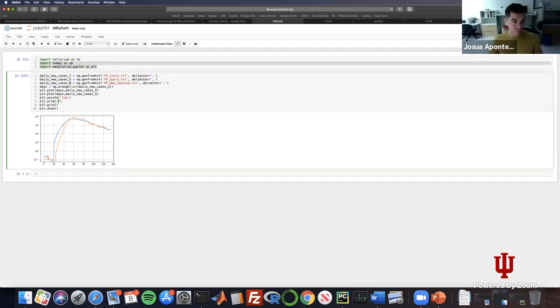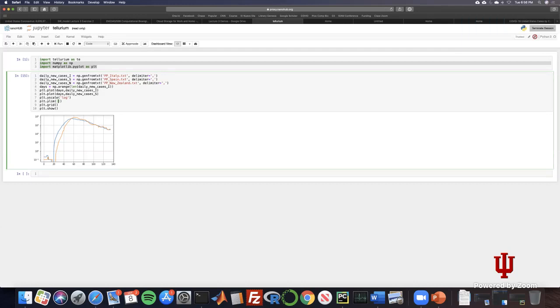What range do you want? Well, 100 to 10,000 is good. And then, as you say, we need to do a grid.